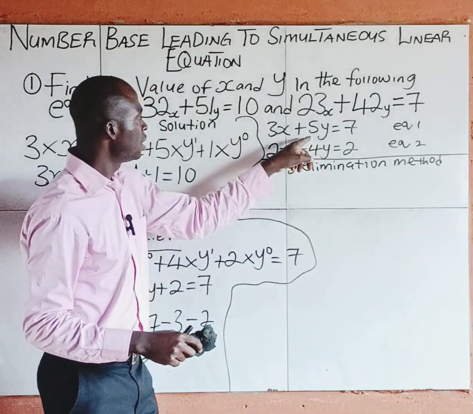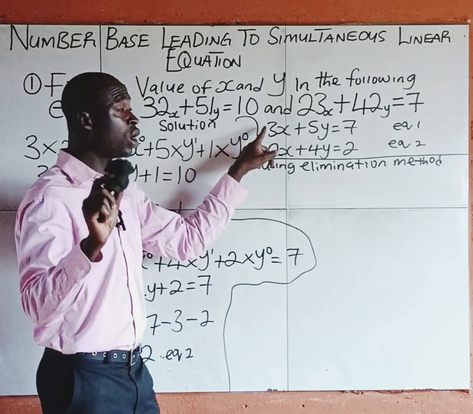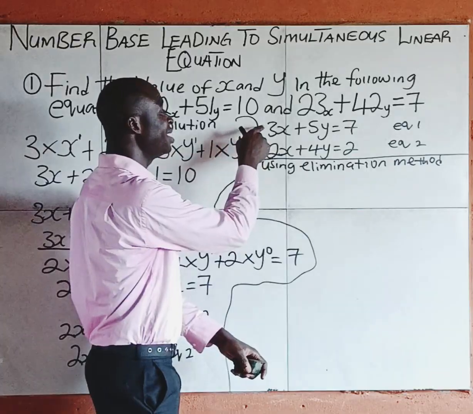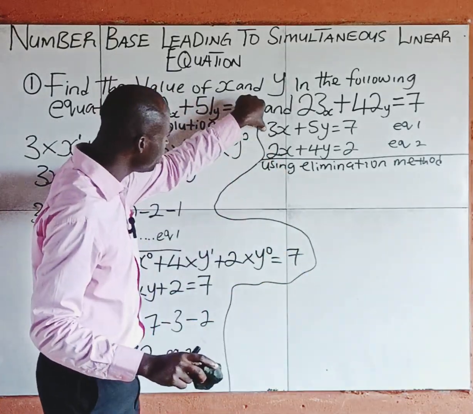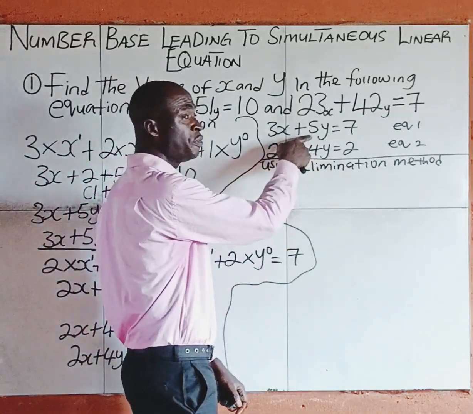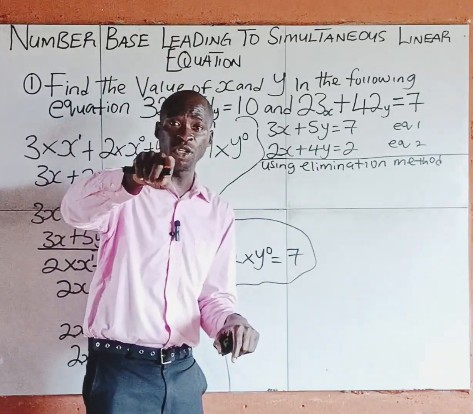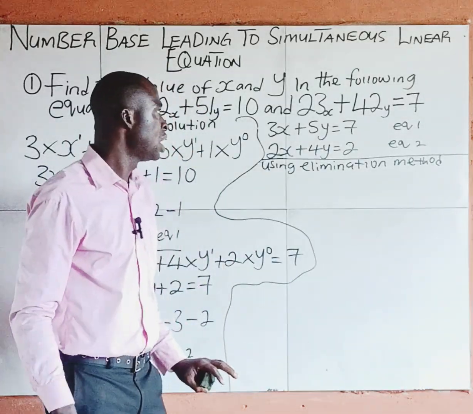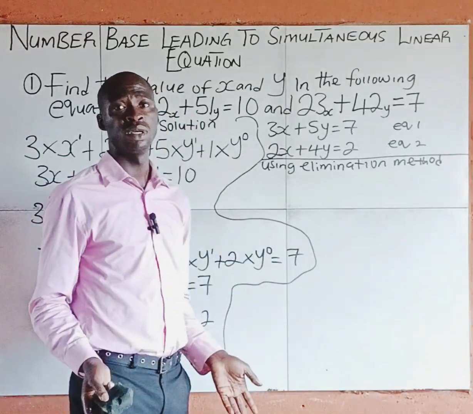The rule states that whatever coefficient you are having in front of each variable, for example the x in equation 1 and the x in equation 2, must be the same. If here is showing 3x, here must also show 3x before you start solving. Or if here is showing, let's say 5y, here must also show 5y. Both coefficients in equation 1 and 2 must be the same. And your question must also have a positive and a negative sign.